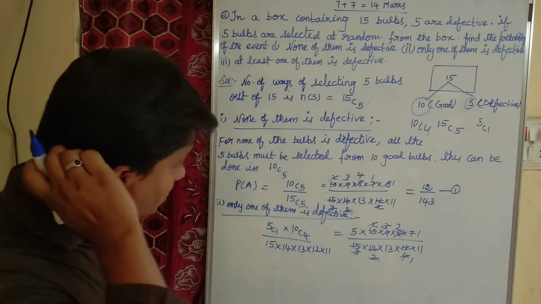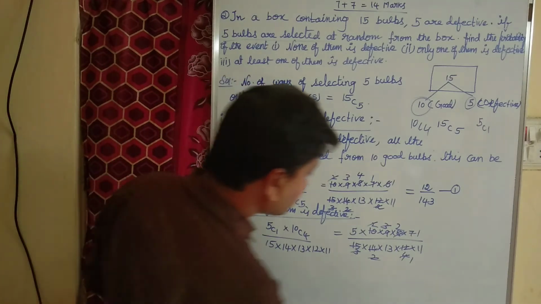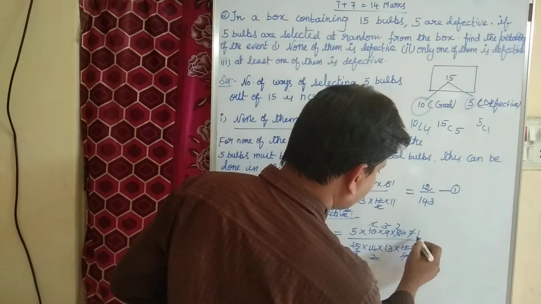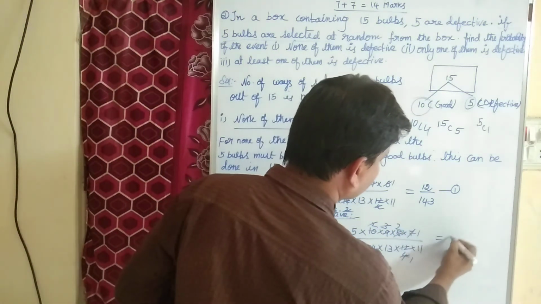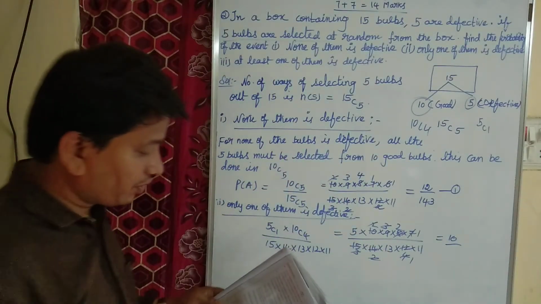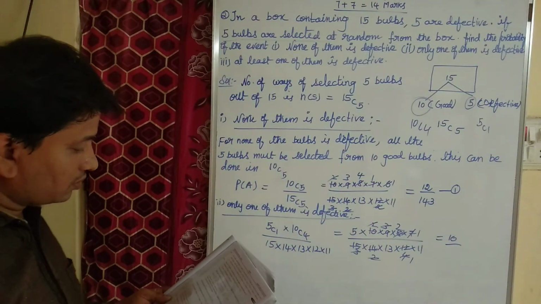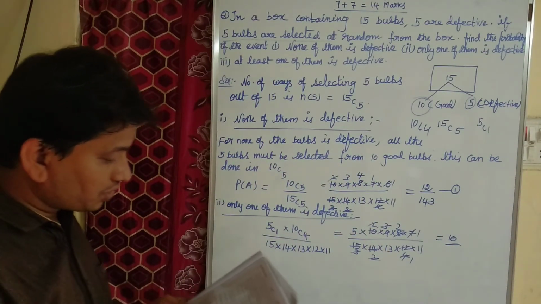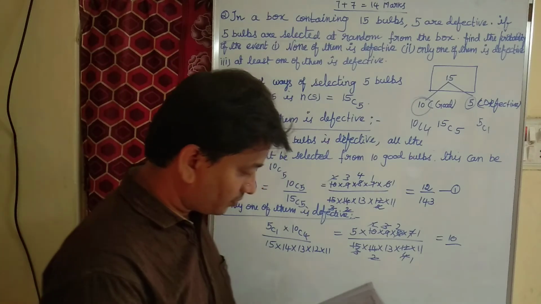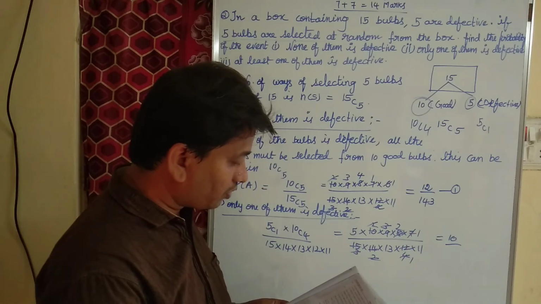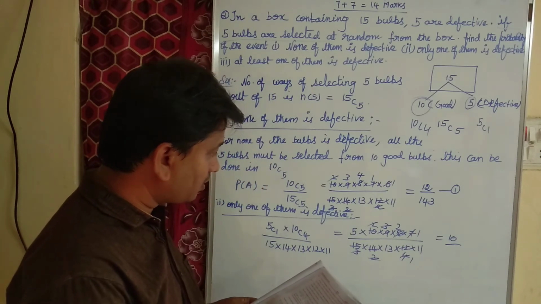As they got 50, once again you check. As we cancel here, we don't have 7. So correct only, 5 2s are 10. They got 50. See, 5 into 10 into 9 into 8 into 7 by.